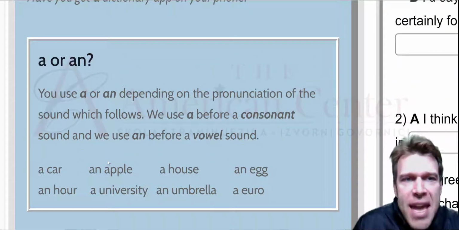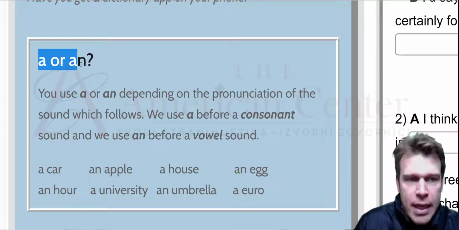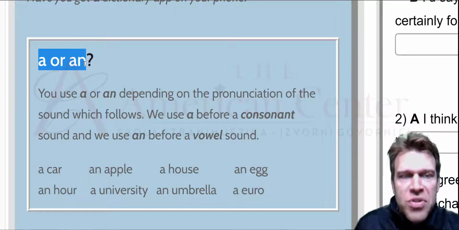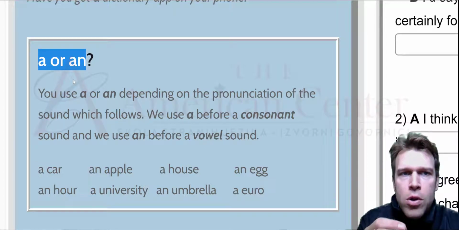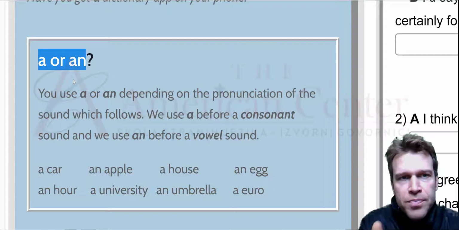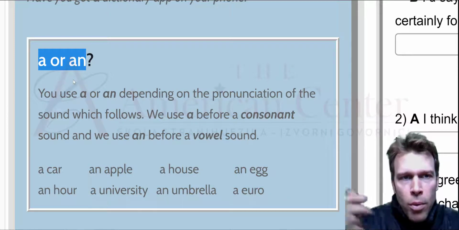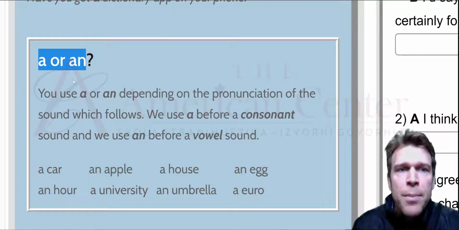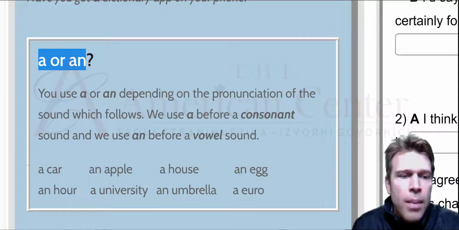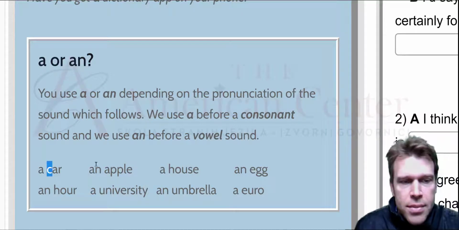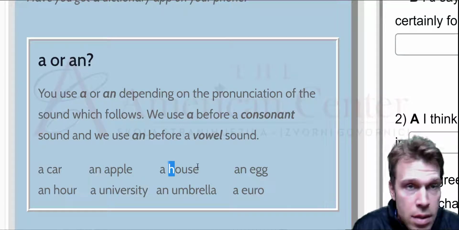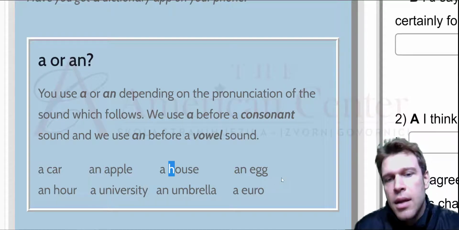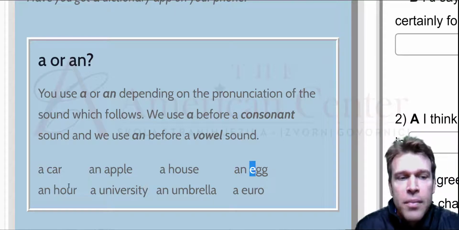We do not base this rule on spelling. We base this rule on the sound the word produces, the phonetics. The sound of the word following the article must be of a vowel form or sound. For example, A, E, I, O, U. Car is consonant. Okay, apple is vowel. House is consonant. Egg is vowel.